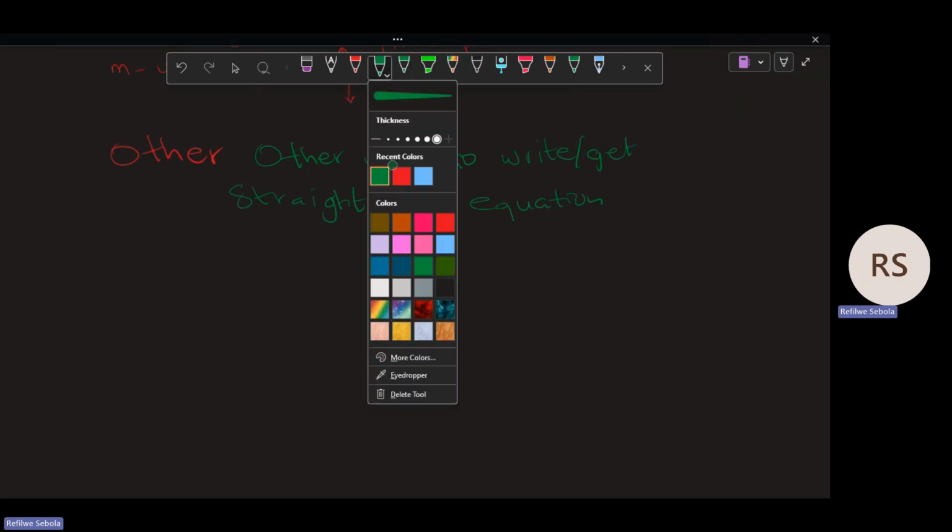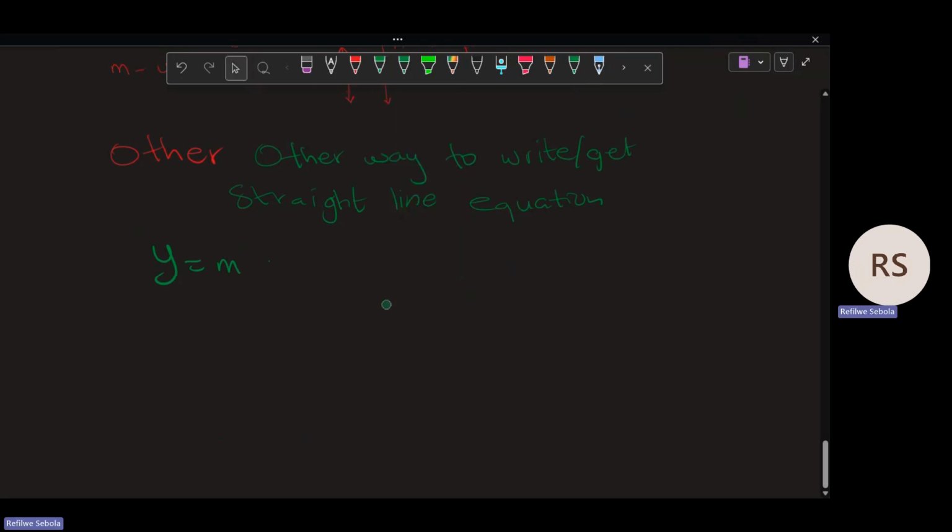We started with the standard form, which is y equals mx plus c. We can also write this equation as y minus y1 equals m times x minus x1.